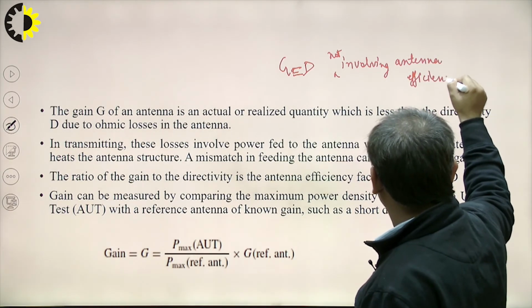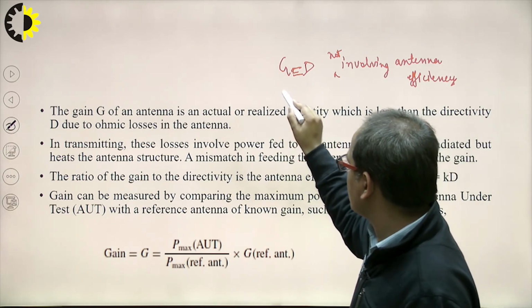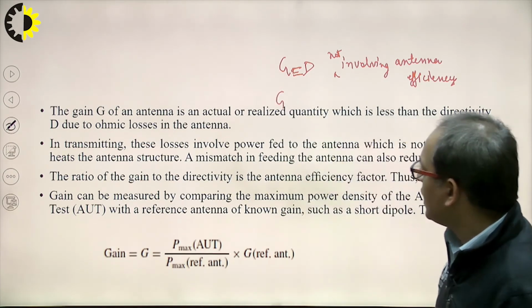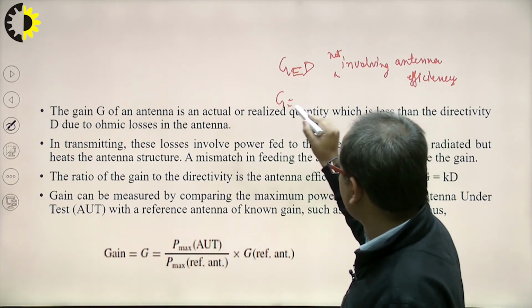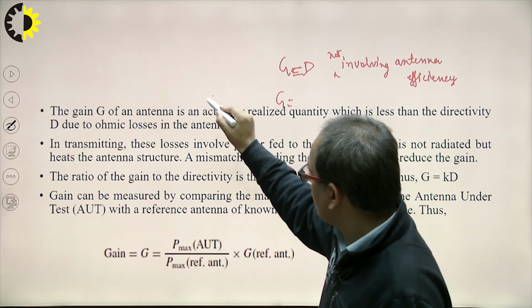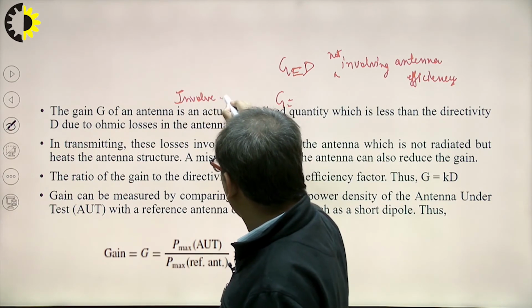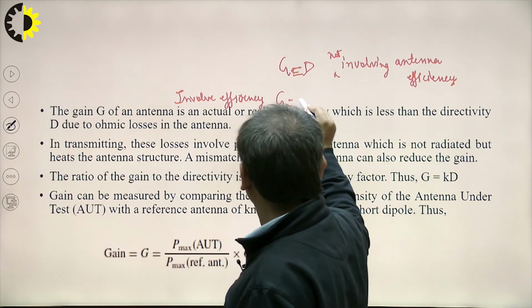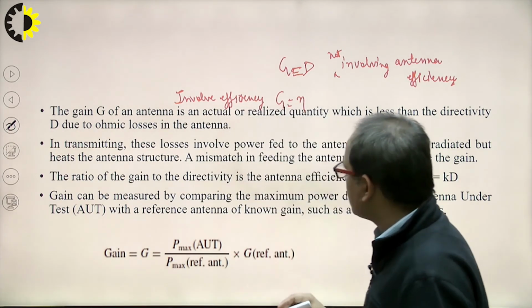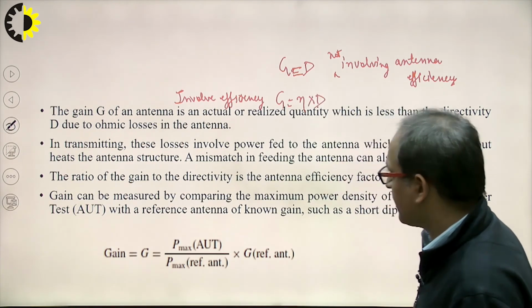Now if I involve the antenna efficiency, then gain will be what? Gain will be less than the directivity. If I involve the efficiency, then gain will be what? Efficiency multiplied by directivity. Clear?